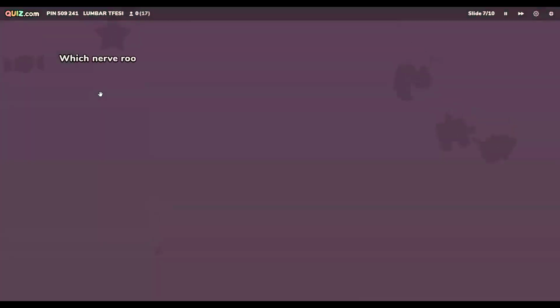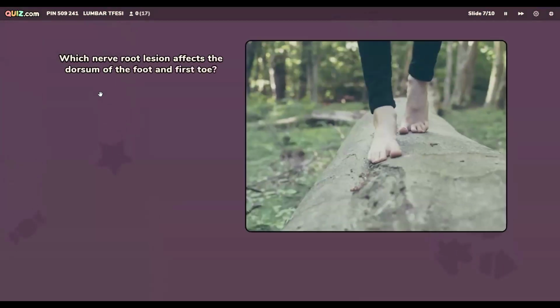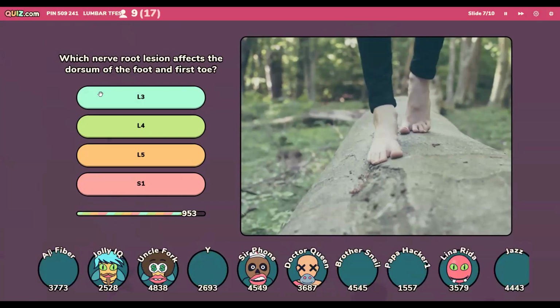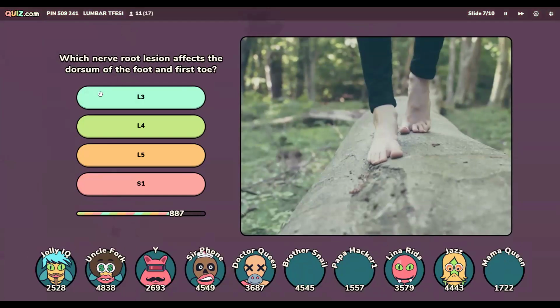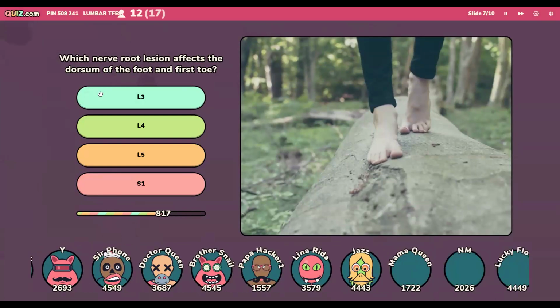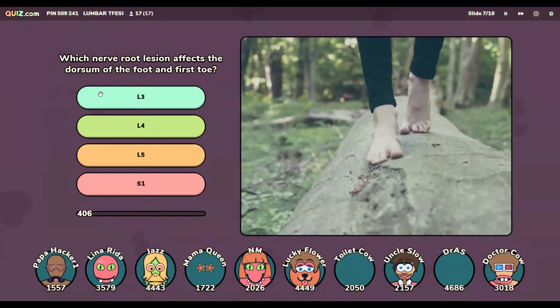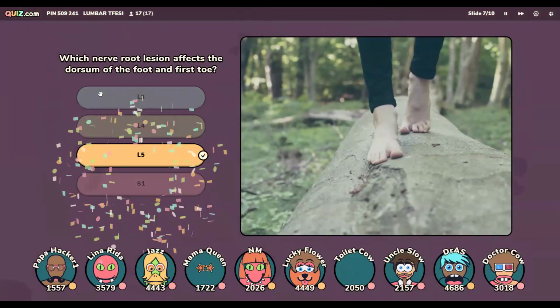Which nerve root lesion affects the dorsum of the foot and first toe? L5.